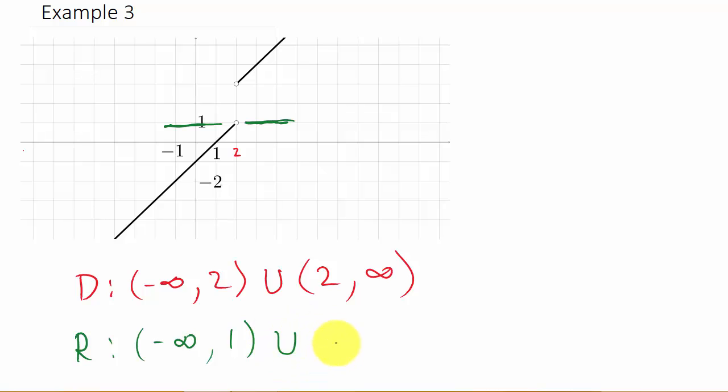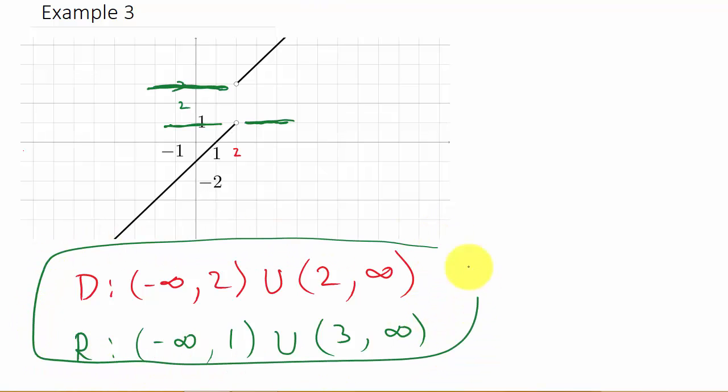It doesn't hit any of the y values between 1 and 3. This would be 2 and this would be 3. It doesn't hit any of these y values, but it does jump up here and starts at 3, and we'll have a parenthesis on it because it's an open circle. Then it's increasing forever, going to positive infinity. And so there's the range.